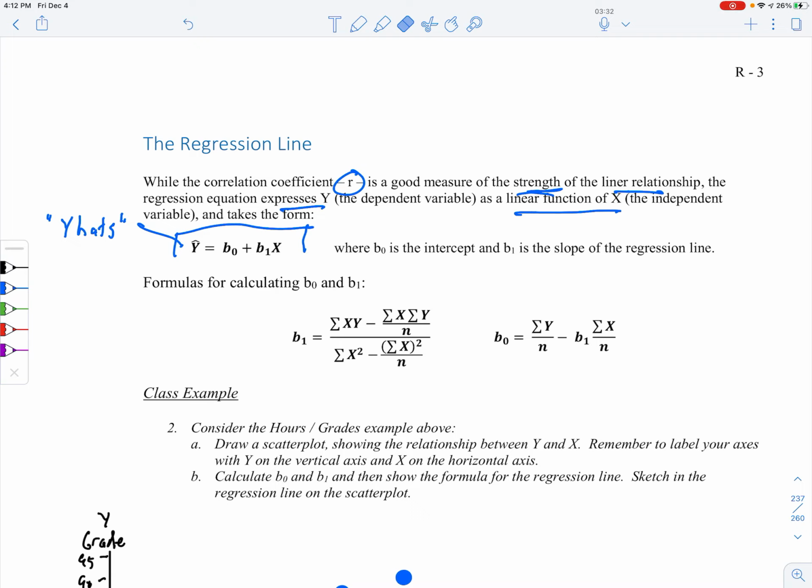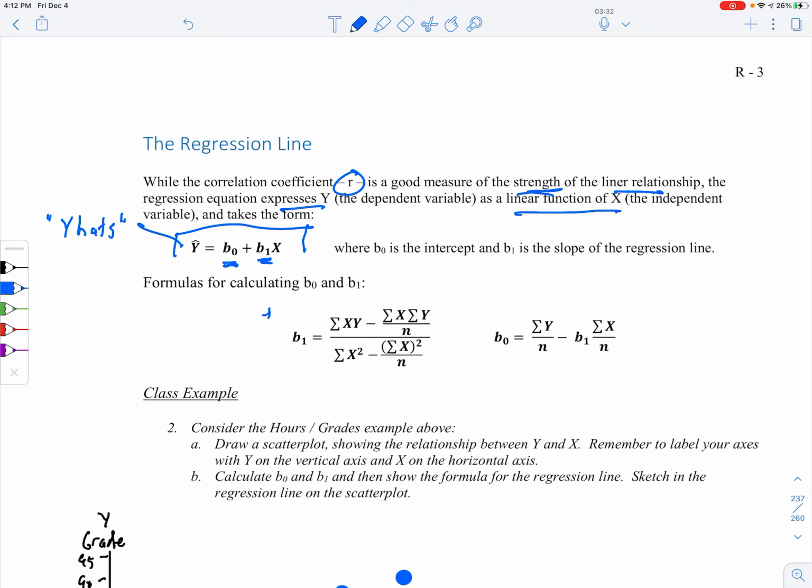They're the points actually on the line. The actual pairings of the X and Y's will give you points that are not necessarily on the line, which we're going to see at the bottom of this page. The intercept is this guy here, B0, and then B1 is your slope.